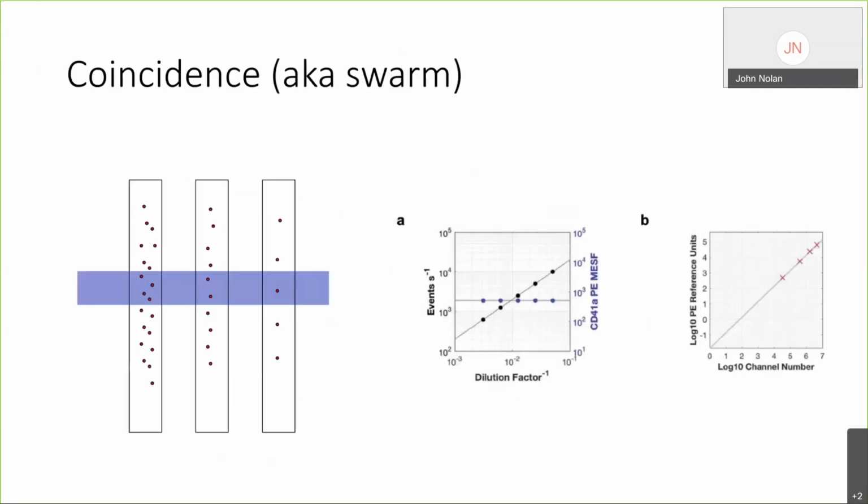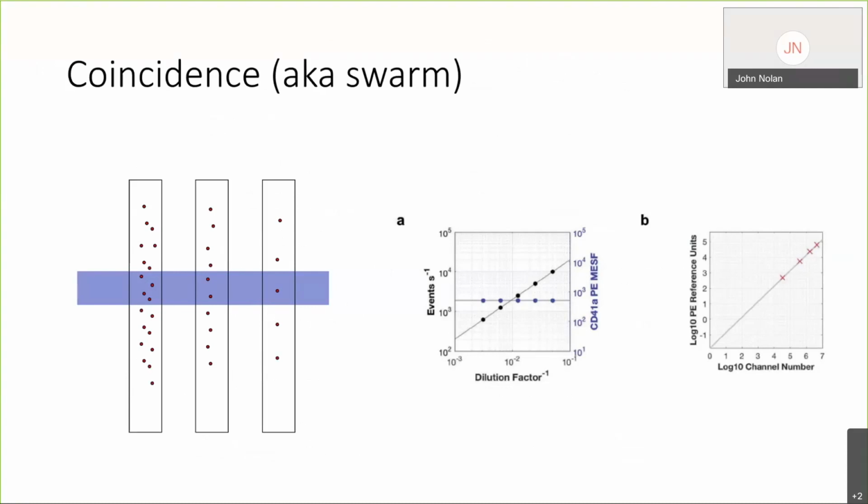So here's a depiction of that swarm artifact. On the left-hand side, we see a picture of a flow cell with some particles in it and a laser beam intersecting with the flow cell. You can see if the particle concentration is high, you might have many particles in the laser beam at the same time.